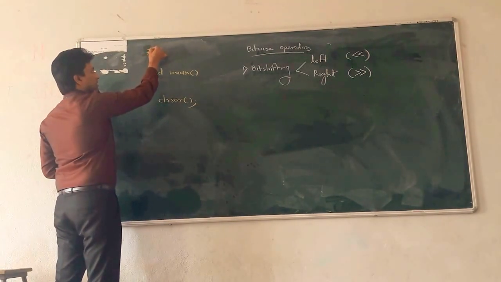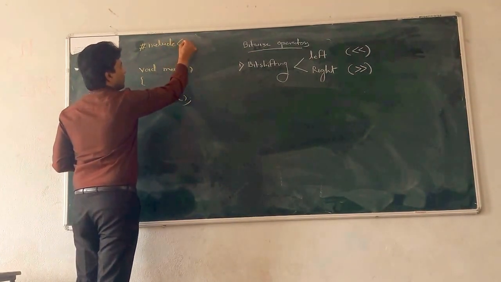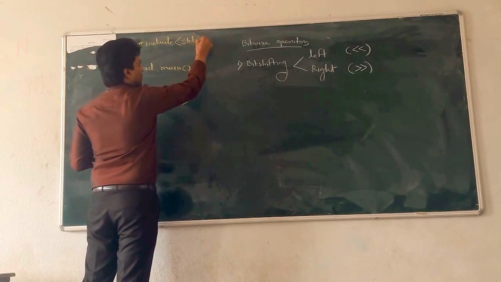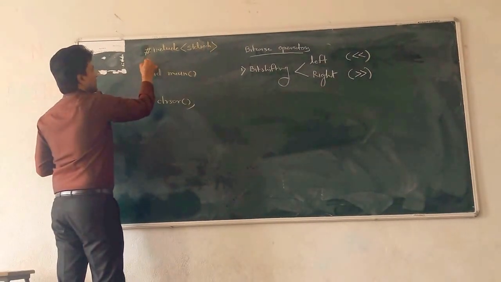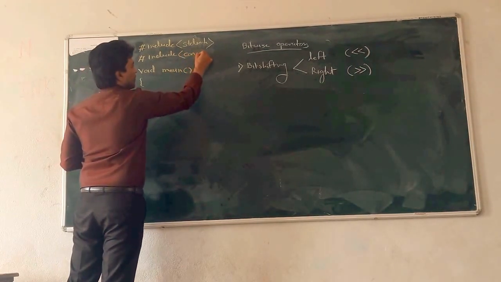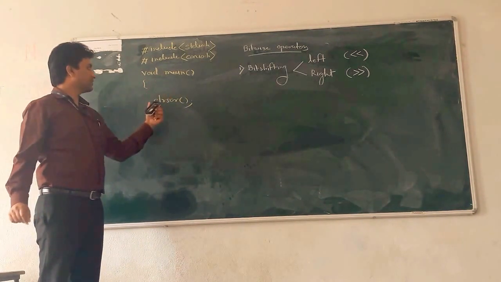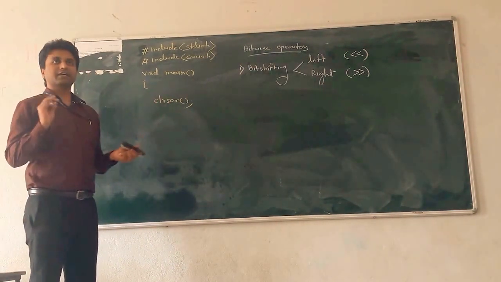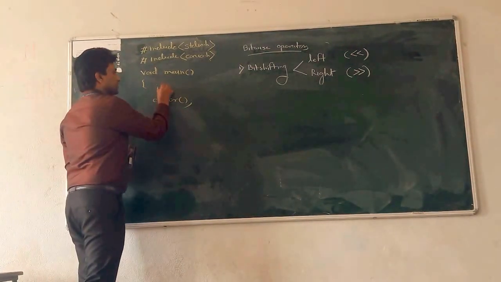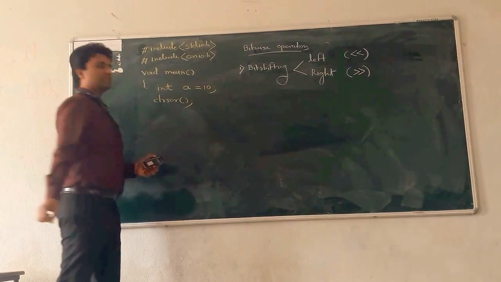For that, include the header files: #include stdio.h and again #include conio.h, which is necessary. After that the main function starts, with clear screen. Take one variable, integer a, and assign the value 10.